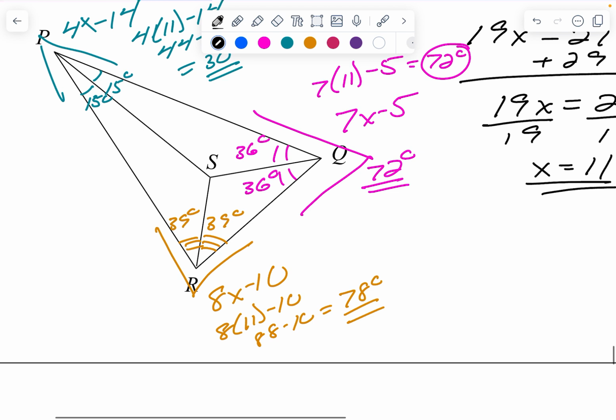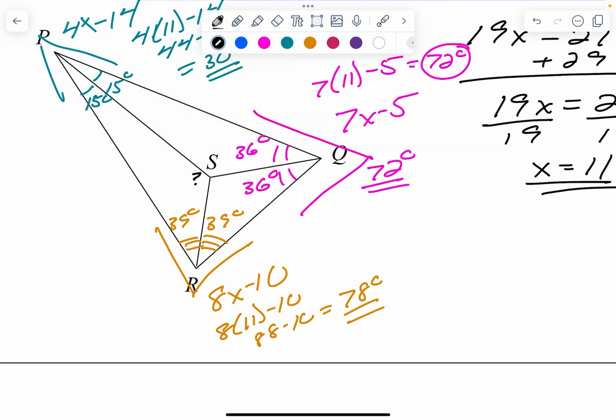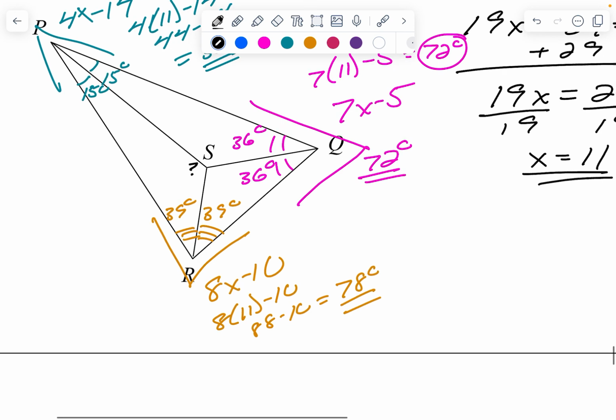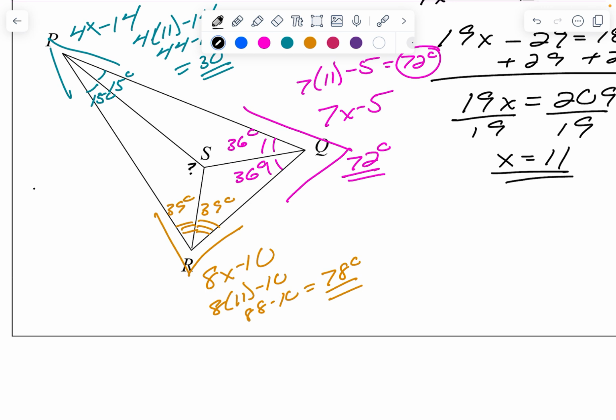PSR. PSR is this right here. So if we look at that little triangle PSR, we know that we have 15 plus question mark plus 39 has to equal 180. So let's see, that would be 54 plus question mark equals 180.